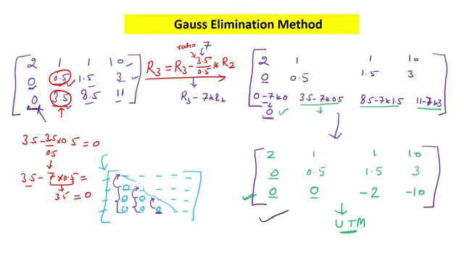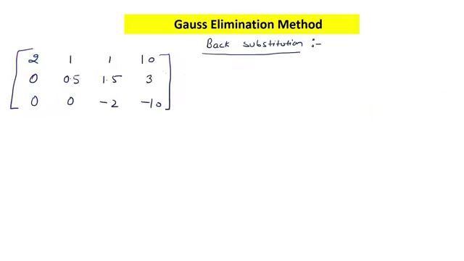So now let's take this upper triangular matrix and apply the third step, that is the back substitution method. To apply back substitution, we have to convert this matrix into linear equations. How can we convert that? These are the coefficients and these are the constants. So again, we have to convert these into the form of x, y and z.